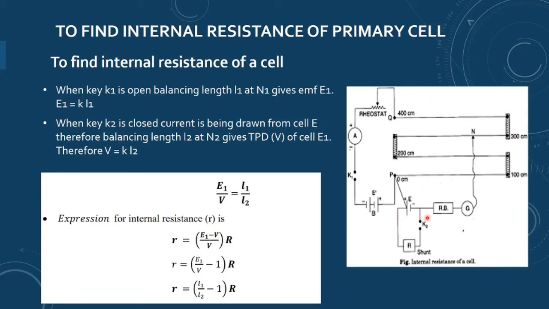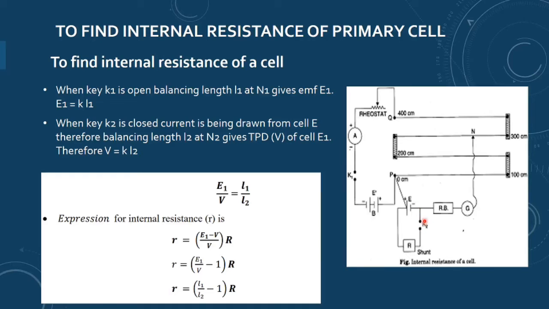So when this part is not in the circuit, this is like the first case we did, we can find the EMF of this cell. So that EMF, I am writing it as E1. E1 I am getting for the first balancing length, that is KL1. Now when this K2 key is closed, you need to note this point.